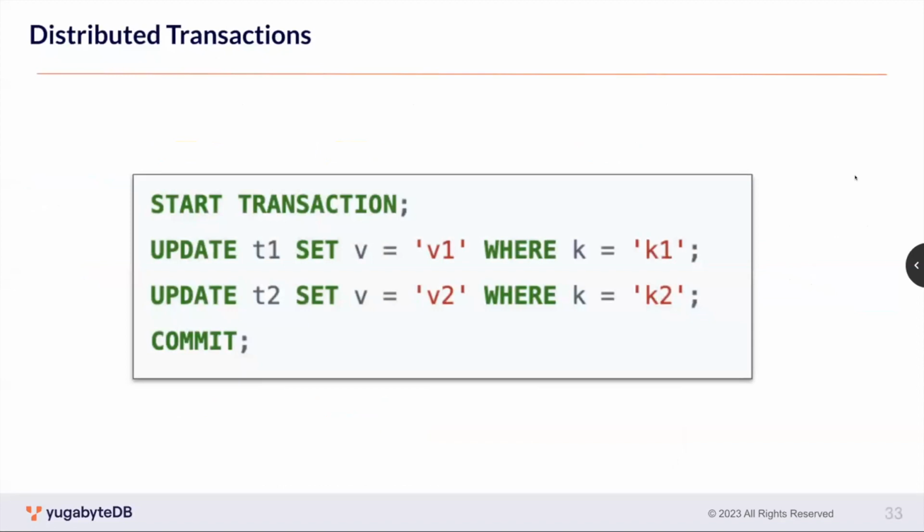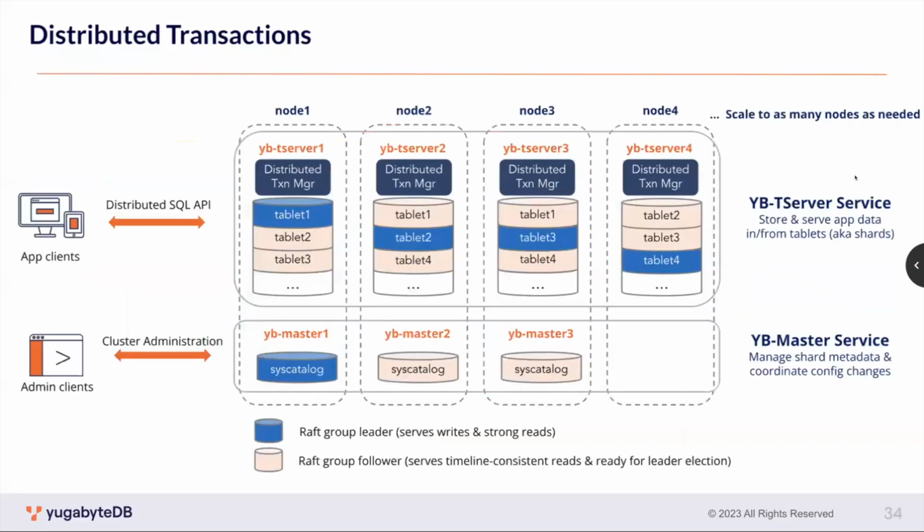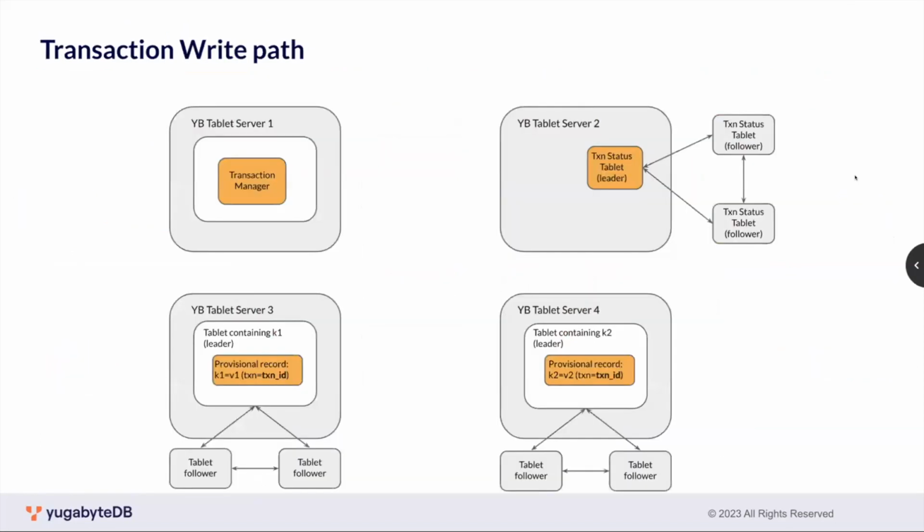Now the distributed transaction. This one is more like a Cassandra one with the start, but it could be begin transaction, SQL. There is this distributed transaction manager, and this is the component within the T server which is going to help us with the distributed part. For the write, your client says, hey, I want to set key 1 to v1, key 2 to v2.